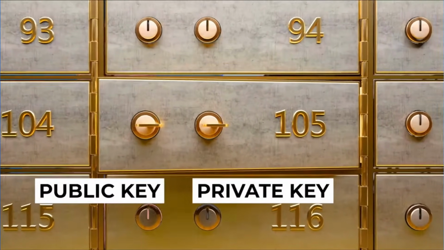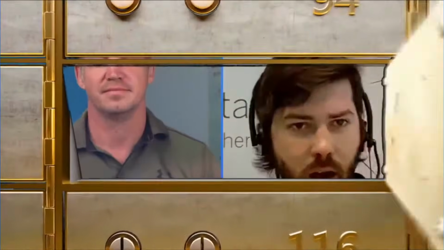If we're using this lockbox metaphor, that lock is going to be a public key. So if I want to send you a message with PGP, I'm going to write my message down, put it in my box, and then I will take that public key, encrypt the email, and send it to you. So I would give you the box, and then ideally you will have the private key, which in this case is hopefully the only key for that padlock, and you can then decrypt and read the contents of the encrypted email.